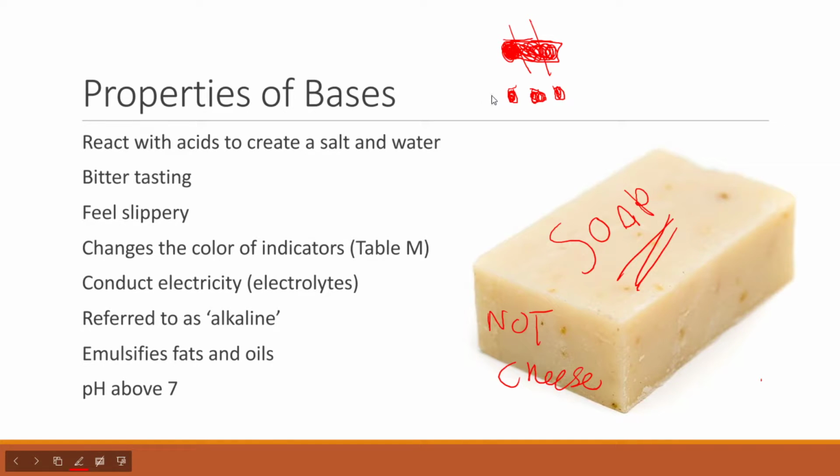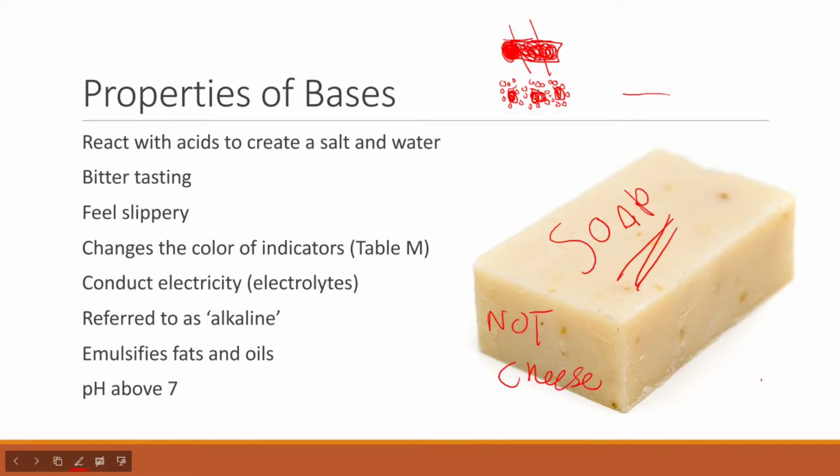And then the base itself, which I'm going to draw with empty circles here, will surround. And then when the water comes along, it will wash all of this away, because the water is able to interact with the base because of the polarity of the pieces. Very much like the water surrounding and breaking down solvents.